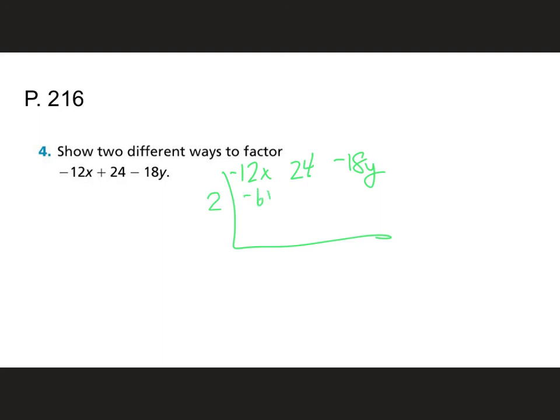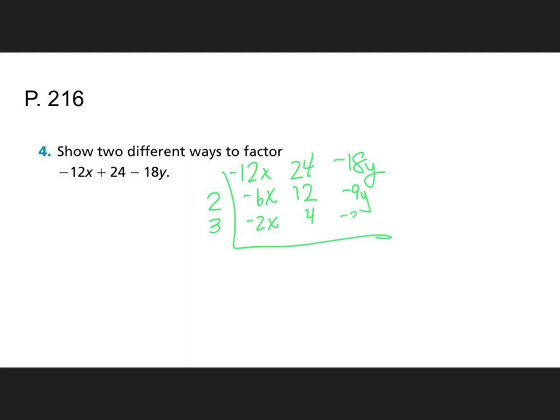Negative 6x, 24 divided by 2 is 12, negative 18 divided by 2 is negative 9y. Then I look, 6, 9, 12. 3 goes into all of those, so I'm going to put 3 here. Negative 6 divided by 3 is negative 2, 12 divided by 3 is 4, and negative 9 divided by 3 is negative 3y.